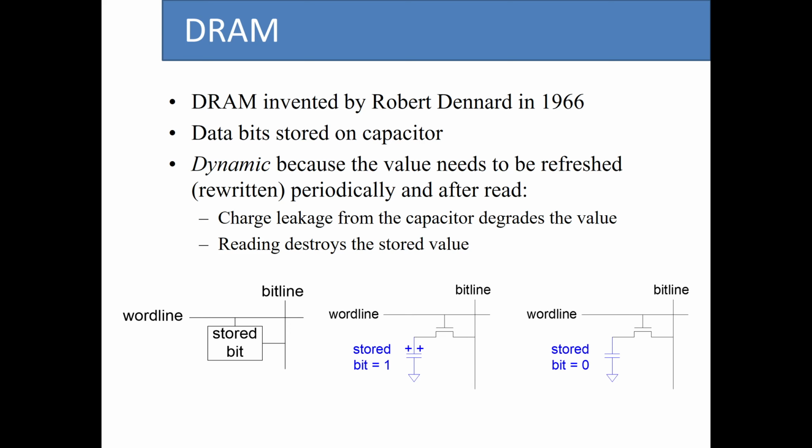These types of random access memories are called dynamic because the value needs to be refreshed or rewritten periodically, and also after you read the data. Over time, because of the charge leakage from the capacitor, the charges decrease, so the data may be lost.